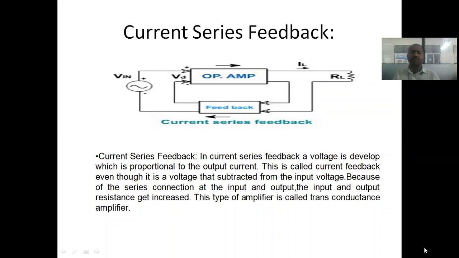In current series feedback, we apply the voltage, and accordingly there is generation of current. That current is again converted into a voltage, that is, whatever output current comes should be converted into voltage.